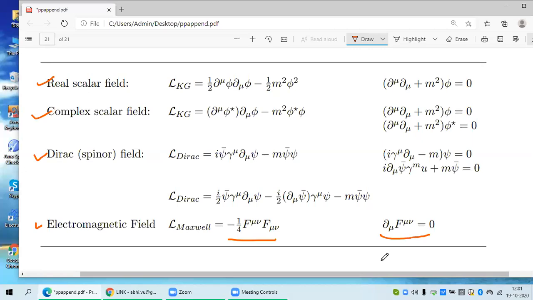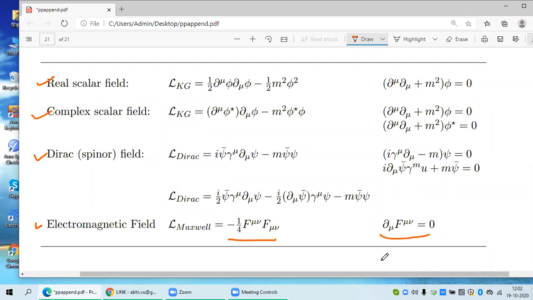So this completes the classical description of relativistic fields. There are 3 classes of relativistic fields we discussed so far. One is the Klein-Gordon field, one is the Dirac field, the other is the Maxwell field. But arriving at the Dirac and Klein-Gordon Lagrangians or equations of motion, we did it theoretically, from our intuition that a relativistic field should represent a microscopic particle with relativistic speed.